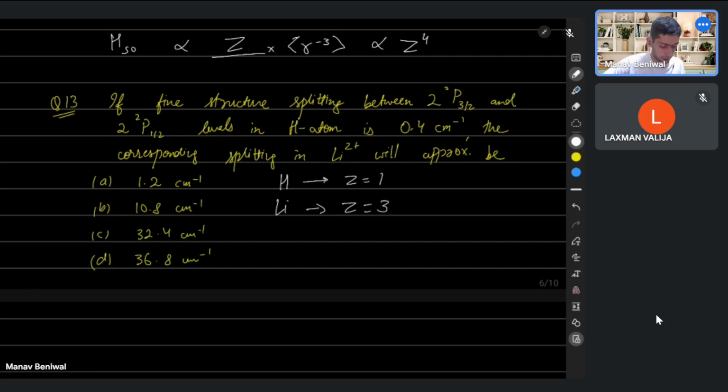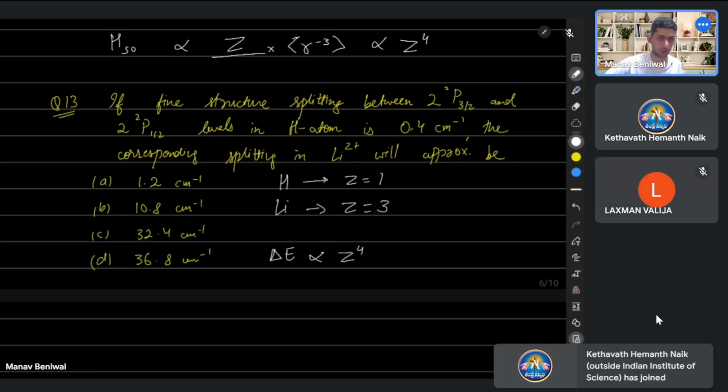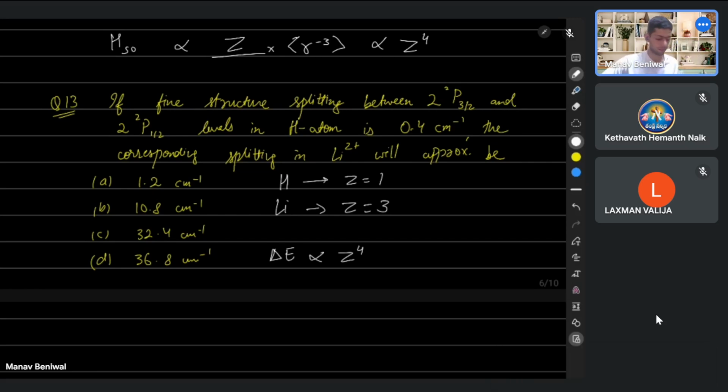And we already calculated above that this delta E is proportional to Z to the fourth. So this delta E is proportional to Z to the power 4.